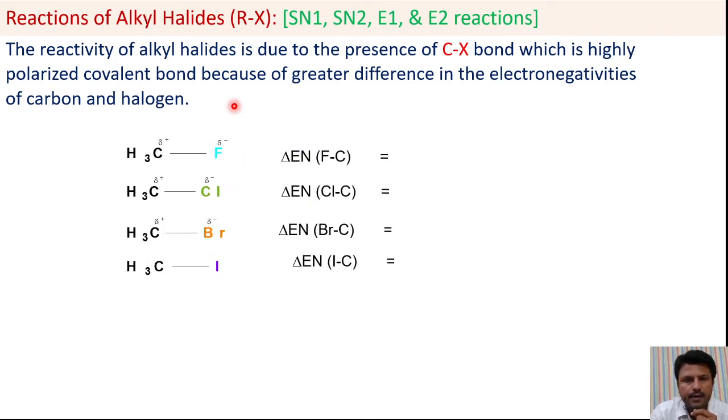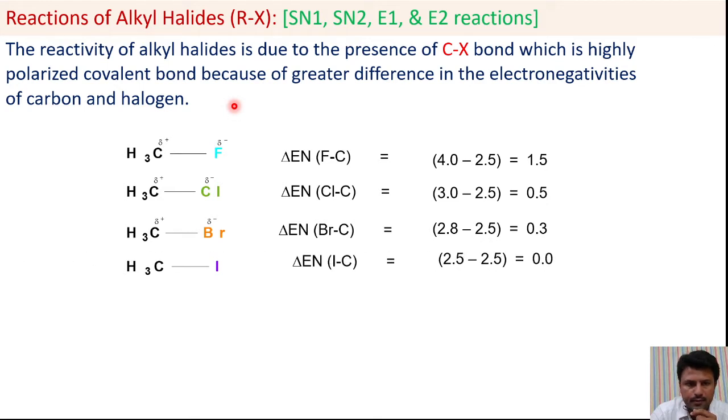Here you can find the electronegativity differences between carbon and halogen atoms, which is more for the carbon-fluorine bond and less for the carbon-iodine bond. Here the halogen atom is more electronegative, so it pulls the sigma electrons towards itself, and carbon gets a partial positive charge, so it acts as an electrophile.